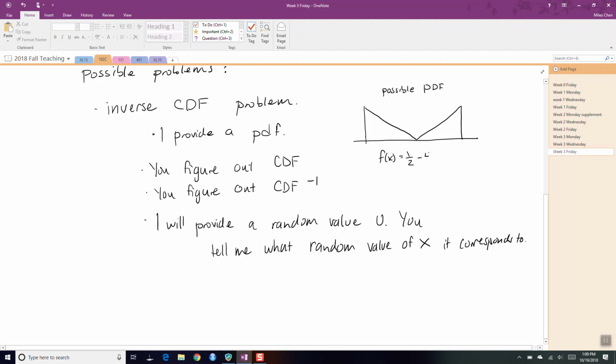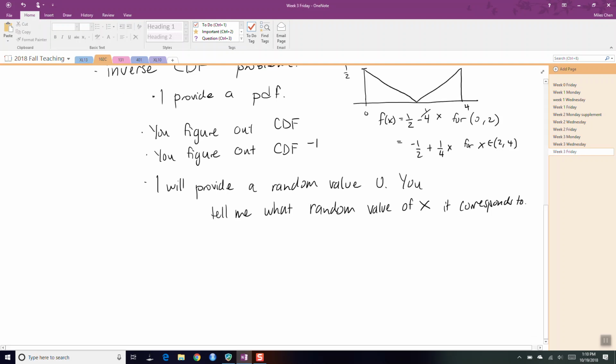So you'll have 1/2 minus 1/4 x for x from 0 to 2, and it will be negative 1/2 plus 1/4 x for x in 2 to 4. Okay, and this would be, pretty sure, 0 to 4. So that's a possibility. Try that out.